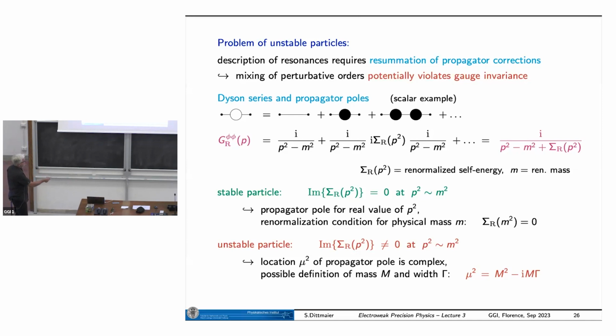So the mass squared here, the location of the pole, is a complex quantity, which I can write as a real part, which plays the role of the mass squared, and the imaginary part, which you can connect to the width of the particle by going into, for example, analysis with cut equations. I have no time to go into that, but it's basically the total width of the particle that shows up here.